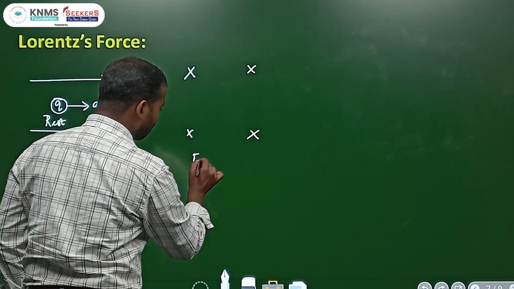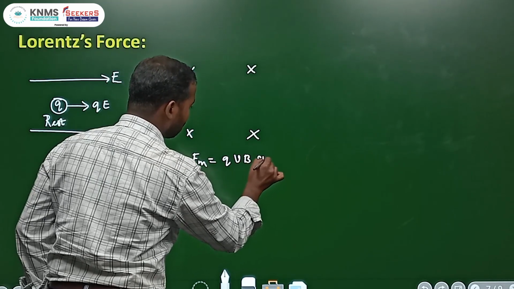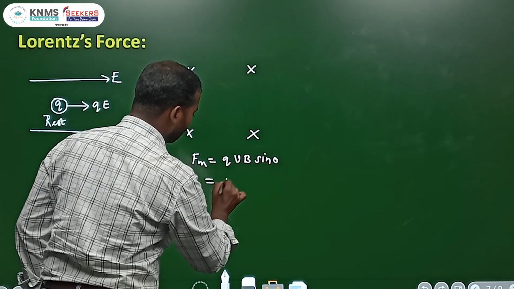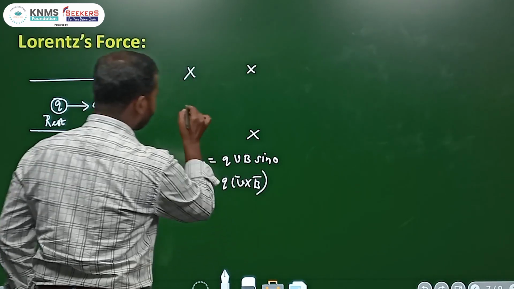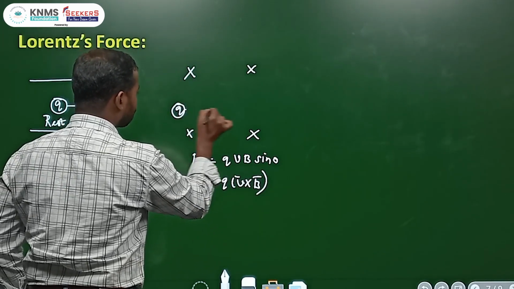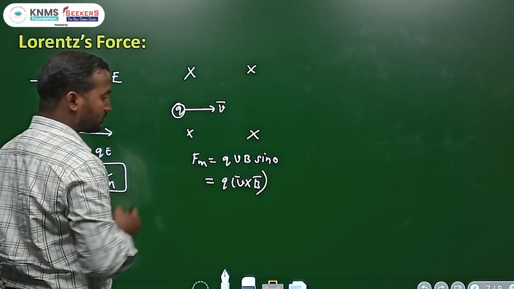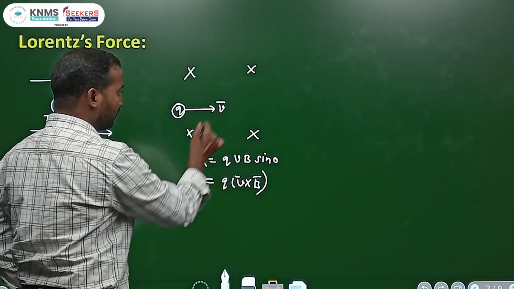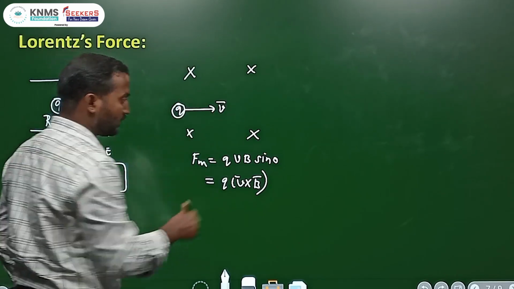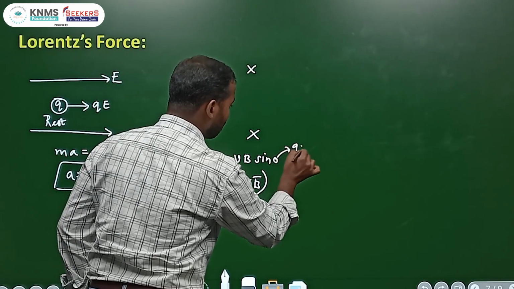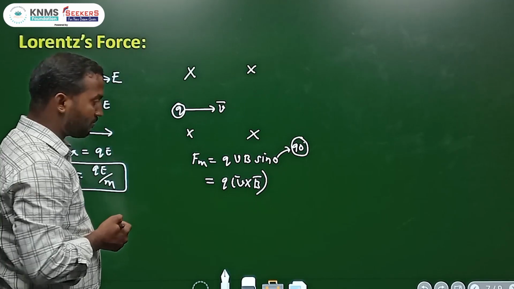You know that Fm is equal to qvB sin theta, or qv cross B. If I throw the charged particle with some velocity v, it will experience a magnetic force because the charge is there, velocity is there, and velocity and magnetic field are mutually perpendicular to each other. Hence theta is equal to 90, and sin 90 is 1. So it will experience the maximum magnetic force.